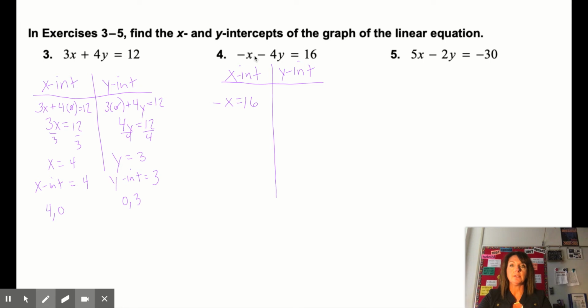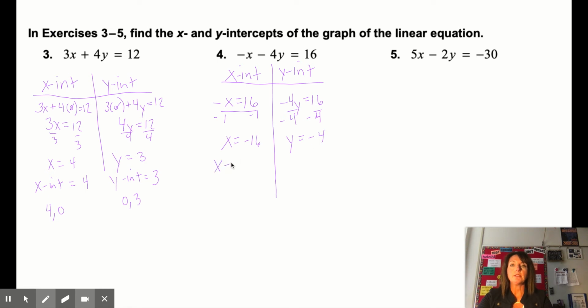If negative x disappears, I'm left with negative 4y. Okay, so I'm solving this. I'm solving this. So I'll get x is equal to negative 16, y is equal to negative 4.